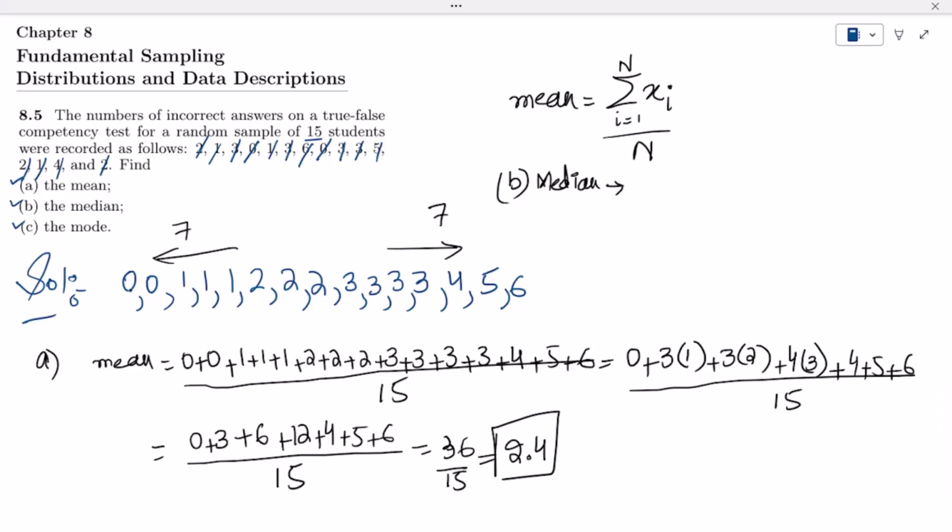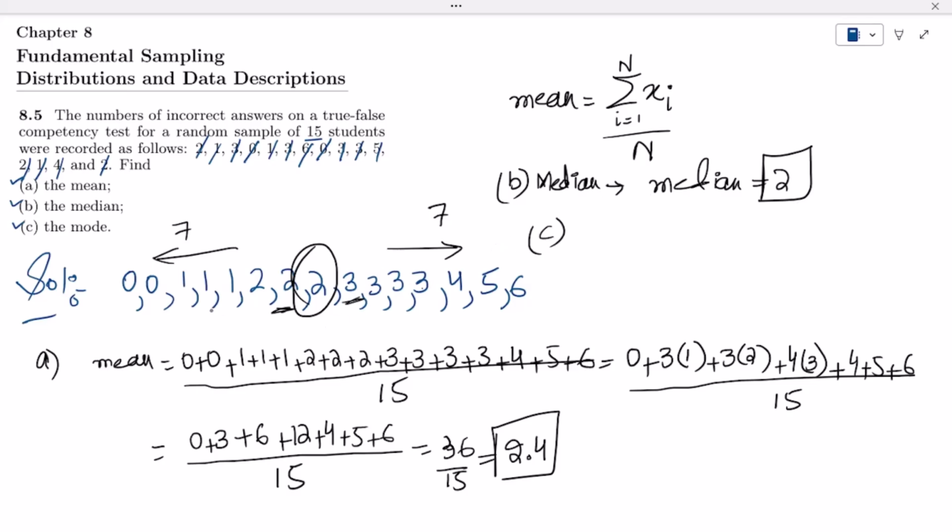Let me count them: 1 2 3 4 5 6 7, also 1 2 3 4 5 6 7. The middle one here is 2, so the median is 2.